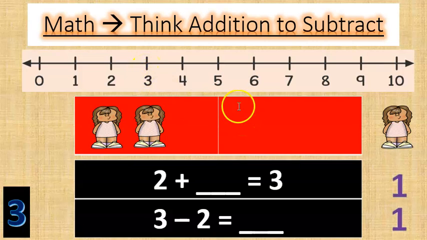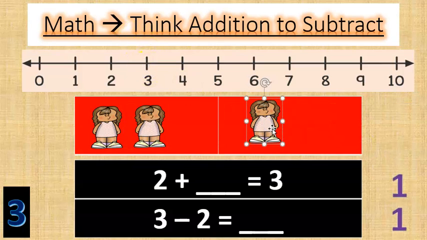So boys and girls, how many girls do we put in here? 1, okay? Because look, 1. We start at 2. We stop at 3. And when we count it by ones, 1. So we just have to put 1 girl in here.